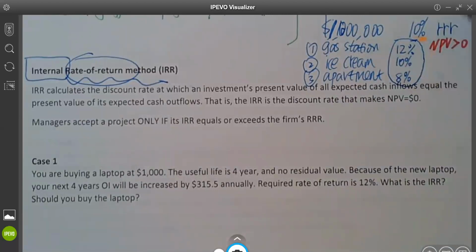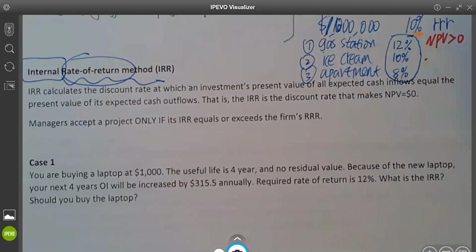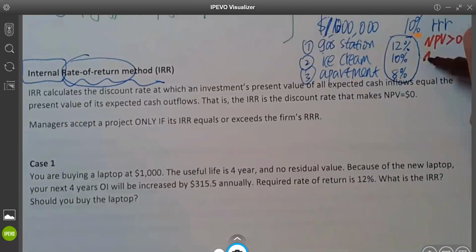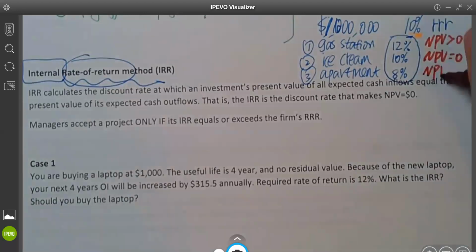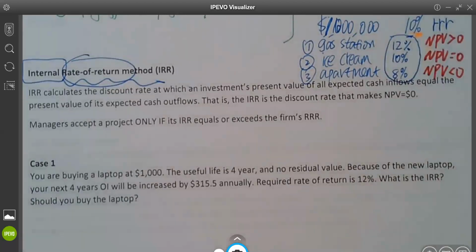What's your NPV? Our NPV is 0. You borrowed 10%, you got 10% back. Basically, break even, right? Break even. Oh yeah, apartment. You borrowed at 10%. Your return for this project, IRR, is 8%. What will happen? NPV is negative. Did you see what I'm trying to link everything together?